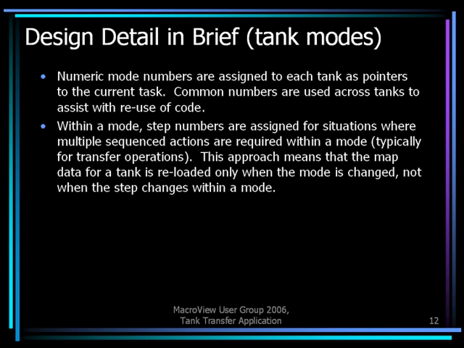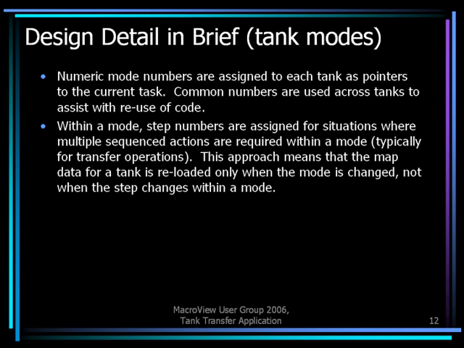Okay, so we've used numeric mode numbers as we discussed. They become pointers to the current task. So mode 1 is different to mode 2. Mode 1 is a transfer operation, mode 2 is a transfer operation to a different tank. By setting a number into the mode, you've changed the personality or the task of the tank for what it's currently doing. Some modes require multiple things to be done.